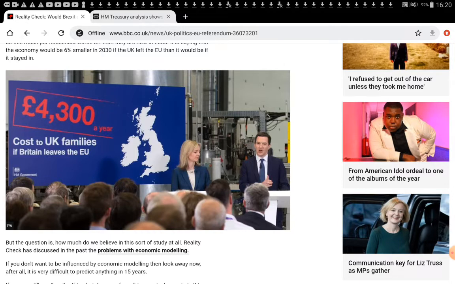And of course you can't really know what the counterfactual of staying in the EU would have been. At best they could have said, well, we think that GDP will be lower as a result of leaving the EU, but it's the fact that they put a number on it and then disingenuously conflate this with household income that is the real problem.